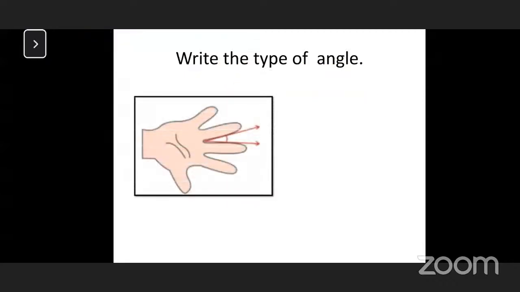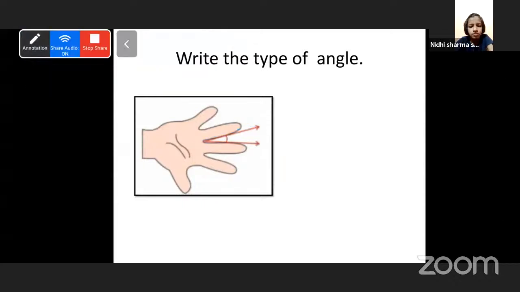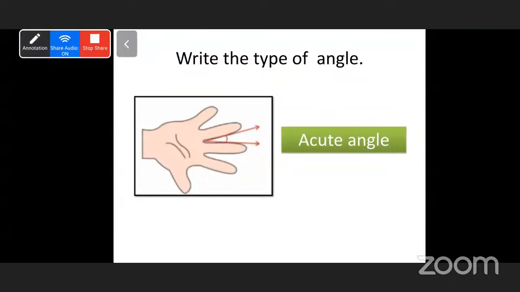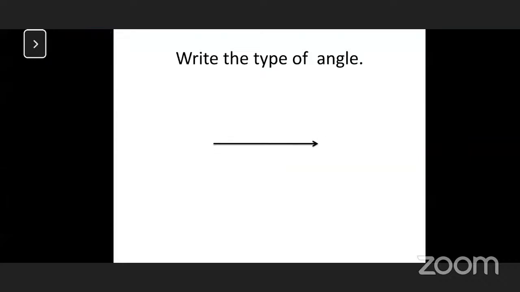Next question. What is the angle made by the two fingers? Acute angle. Very nice. It is an acute angle that is less than 90 degree. The second last question. Now, can you all name this figure?